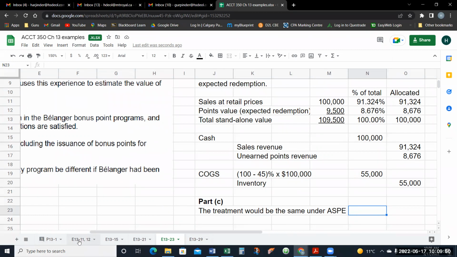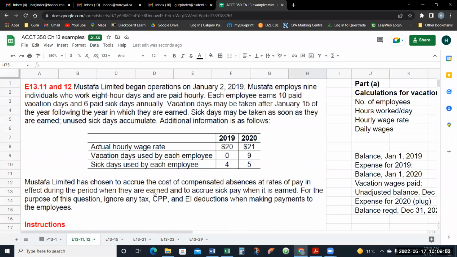Okay, moving to exercise 1311 and 1312. These two are related. They're basically based off the same piece of information, and they pertain to compensated absences. So compensated absences is when employees are given paid time off.